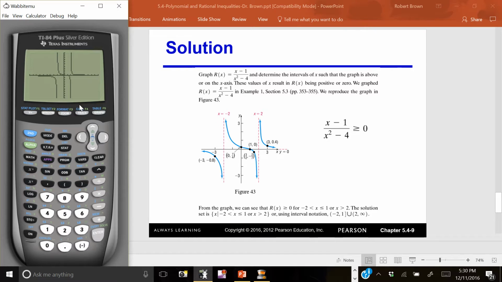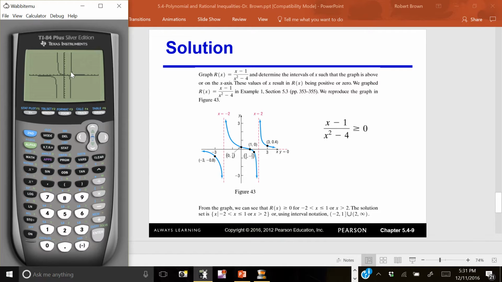We have the graph here, and we see that the graph is more than or equal to 0 for x more than minus 2, all the way to 1, including 1. So it's more than or equal to 0 all the way up to 1. In fact, at 1 it is exactly equal to 0.